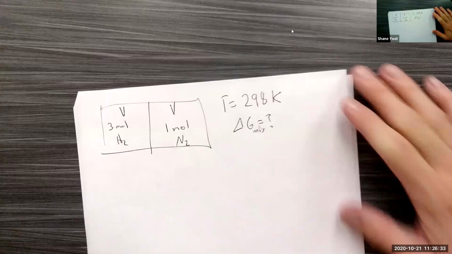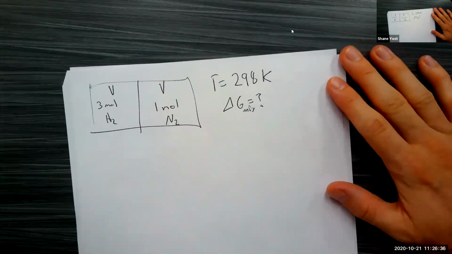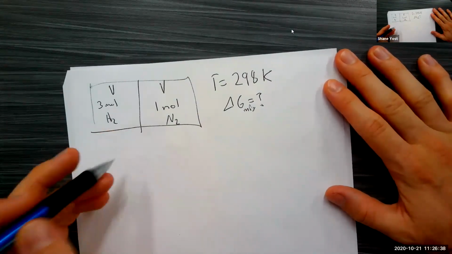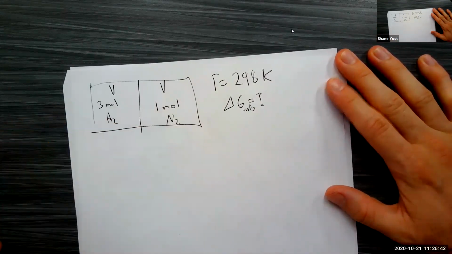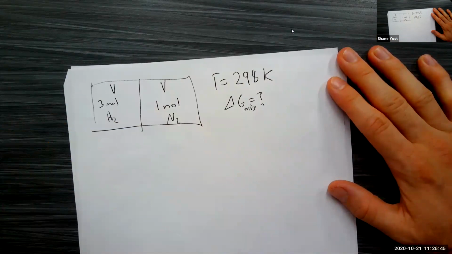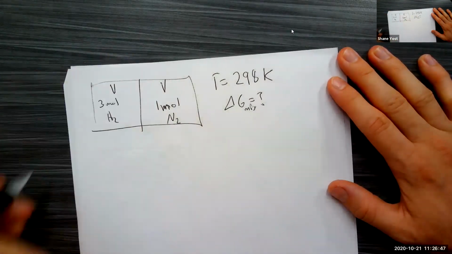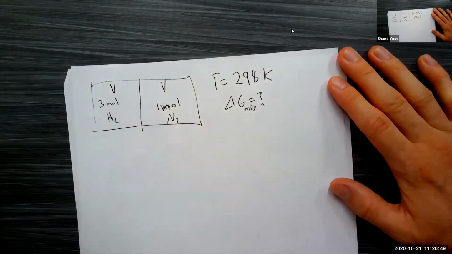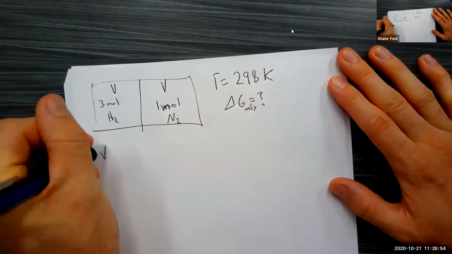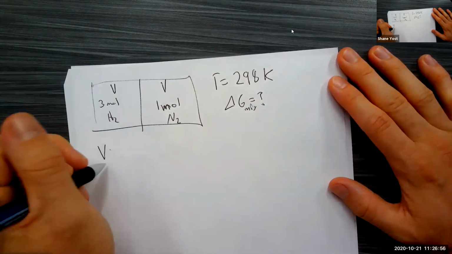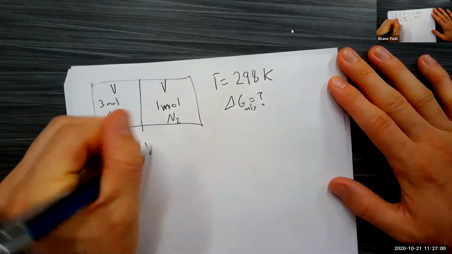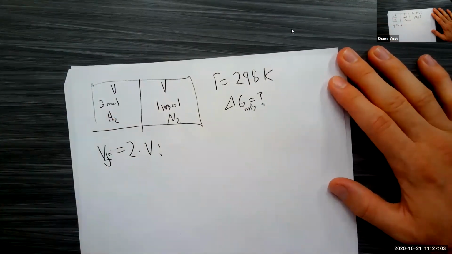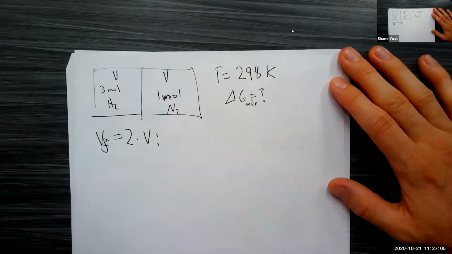So I have a situation here where I am mixing 3 moles of H2 and 1 mole of N2 together, where they happen to be at the same initial volume. The final volume is just 2 times the initial volume.